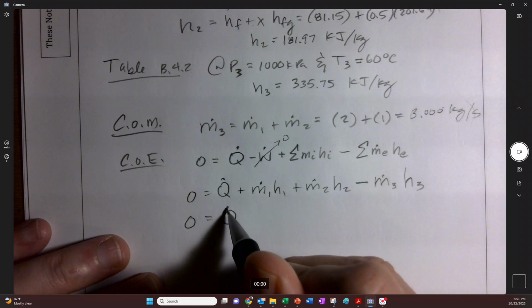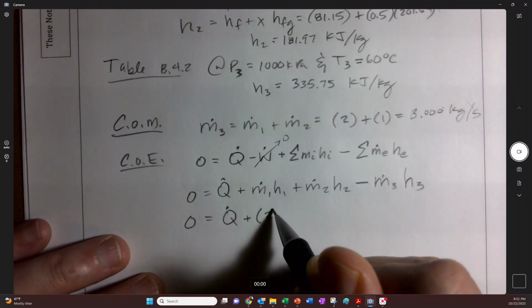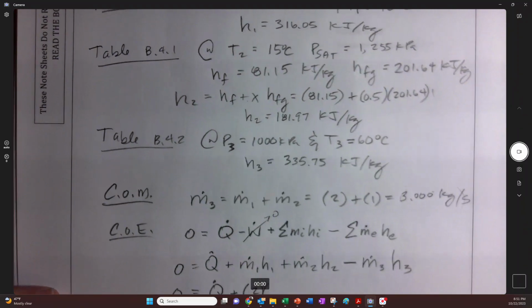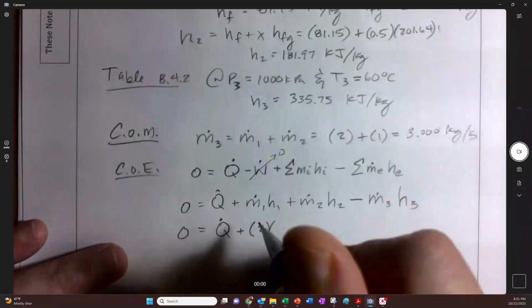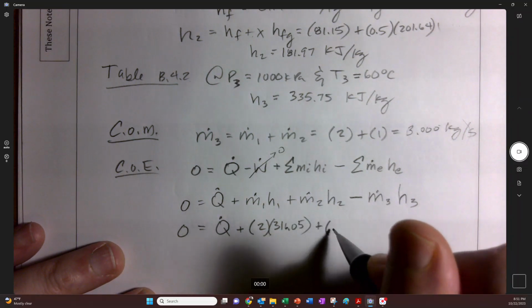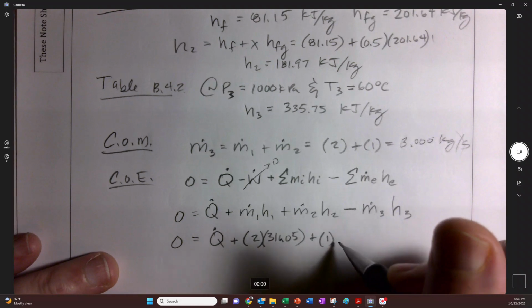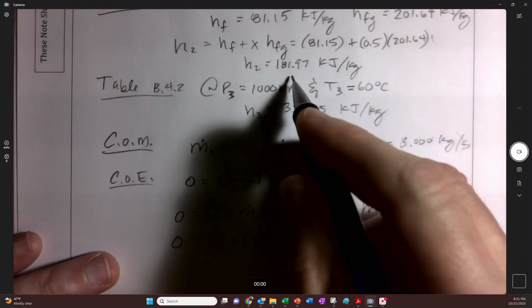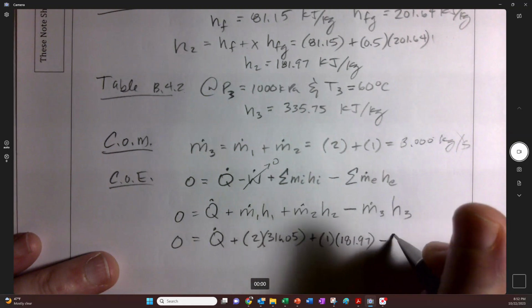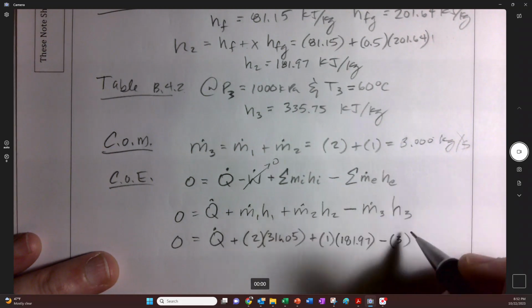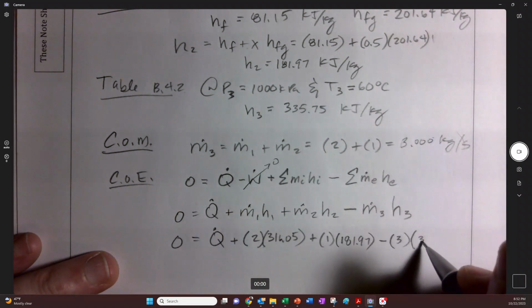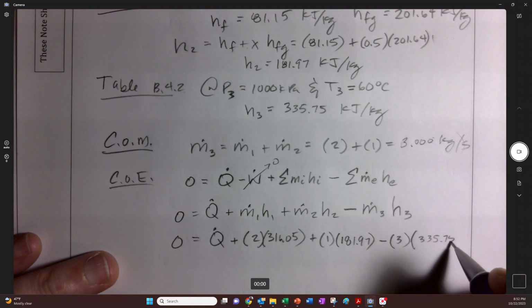There's the thing that we want, plus 2 times H1, which was 316, plus 1 times M2 H2, which was 181.97, minus M3, which is 3, times H3, which we just found here, 335.75.